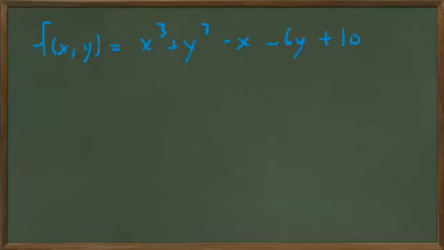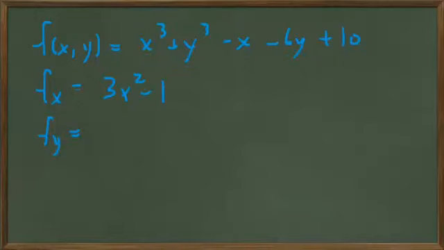So here's our function. Let's calculate f sub x. That would be 3x squared coming from this term, and a minus 1 coming from this term. The partial with respect to x of all of these three terms is 0.